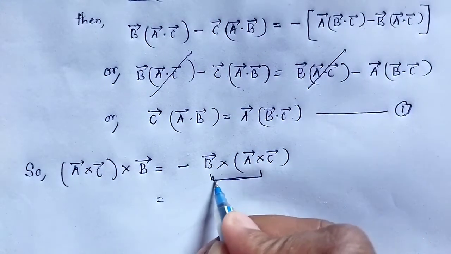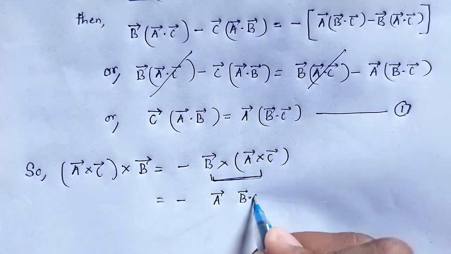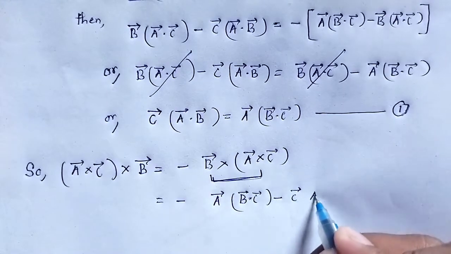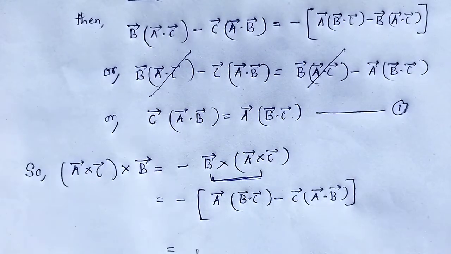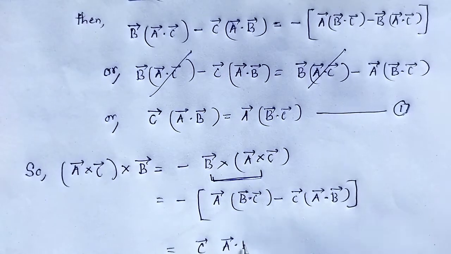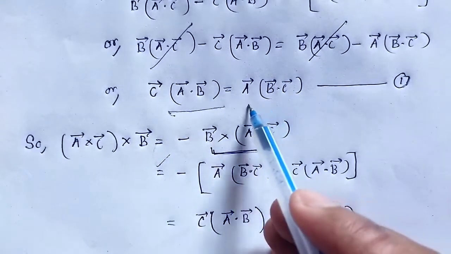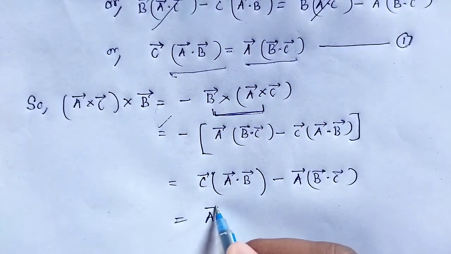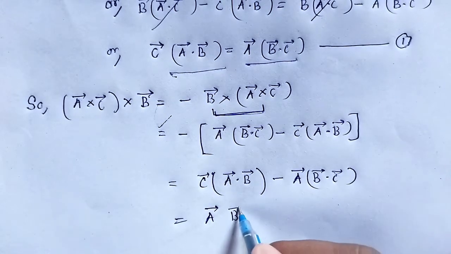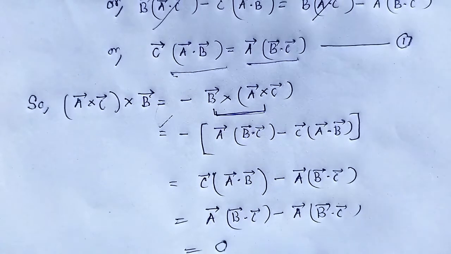Again I use the expansion formula of the vector triple product: negative of A of B dot C minus C of A dot B. When the negative is multiplied, C of A dot B minus A of B dot C. As we know, C of A dot B is equal to A of B dot C. So in place of C of A dot B, I can write A of B dot C minus A of B dot C. The result is 0.